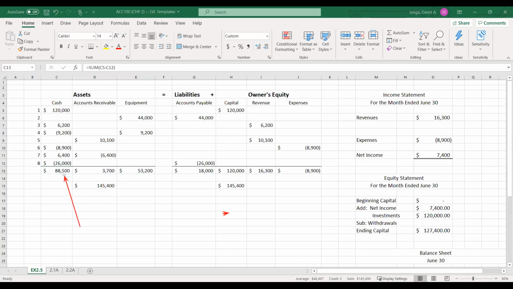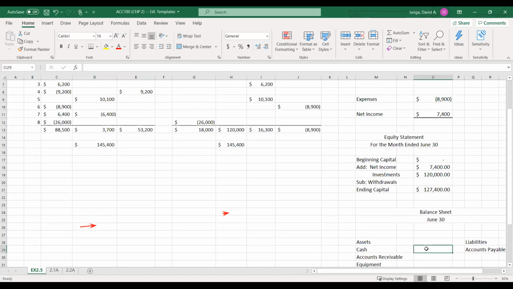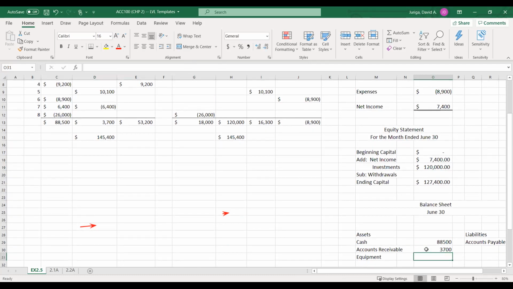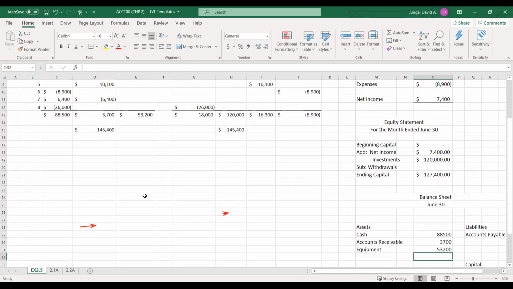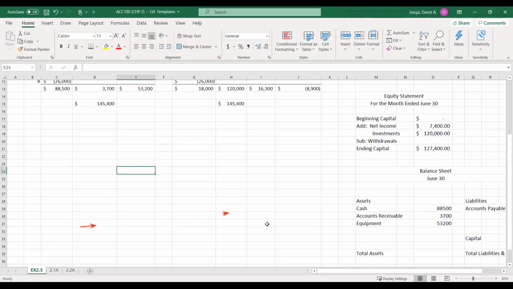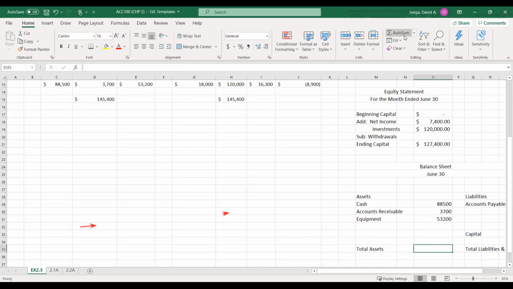So we had 88.5, 3,700, and 53.2. All those, I'm just gonna pull over here to the balance sheet. So we've got cash is 88,500. Accounts receivable is 3,700. And equipment is 53.2, if I got that in the right column. And then I'm just gonna go ahead and add these up. We already know the total. It's 145.4.